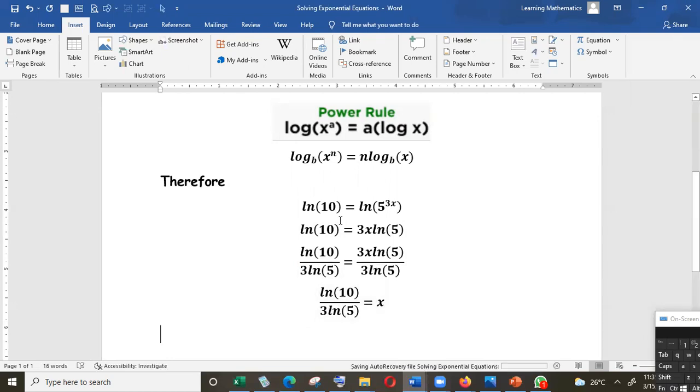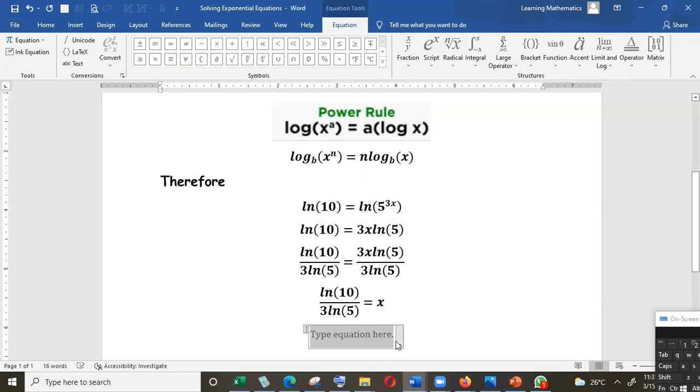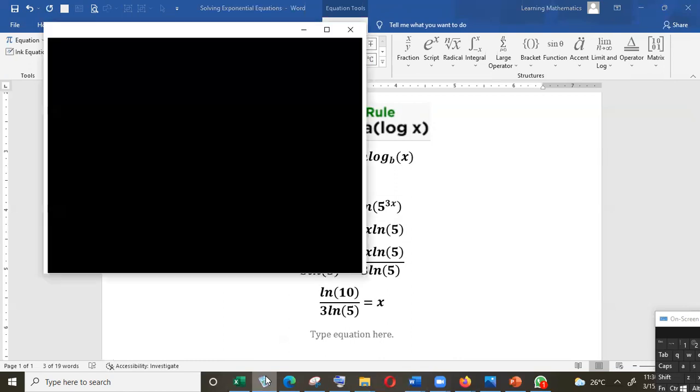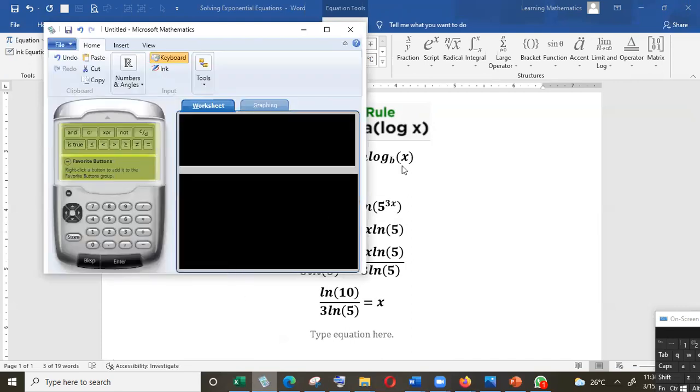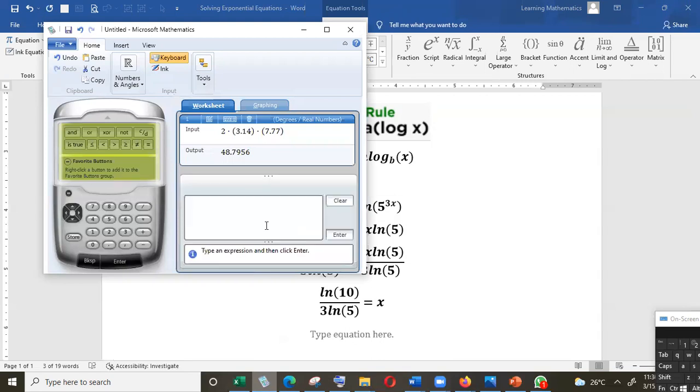Also bear in mind, instead of writing ln, we could write log to the base of 10. So you have an option: either use log to the base of e or log to the base of 10. It doesn't matter what base you use, once it's a log. And we all know that whenever you say log, there must be a base. If you don't see a base written, the base is 10.